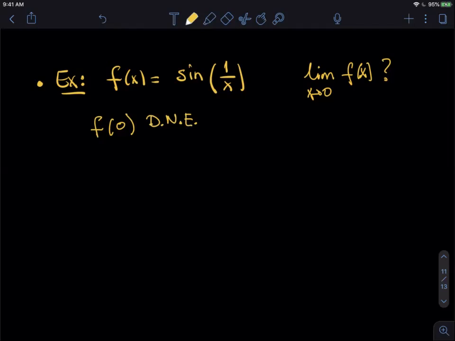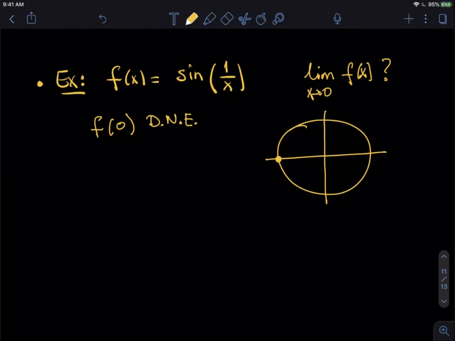So let me draw a trigonometric circle. There we go. Let's take, for example, a value that is simple. We are able to compute the sine of pi, right? The sine of pi is 0.